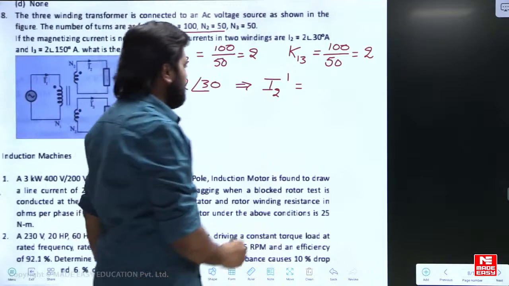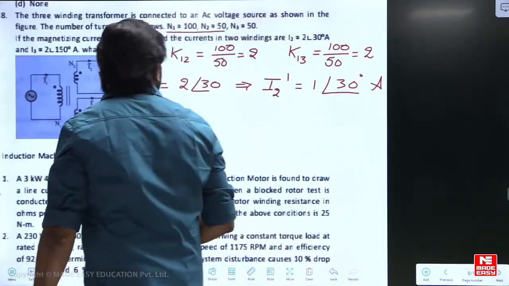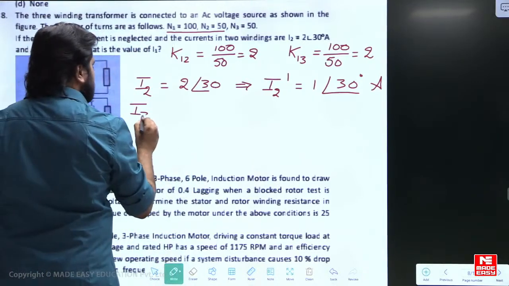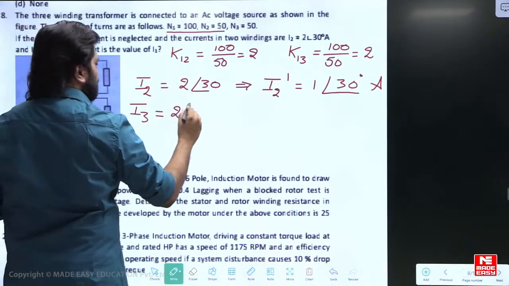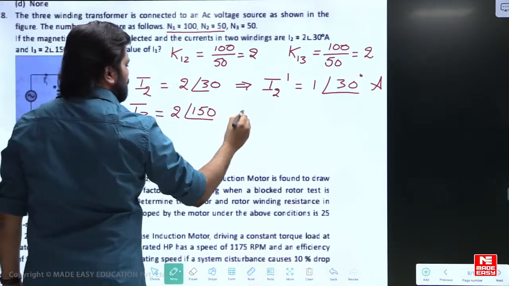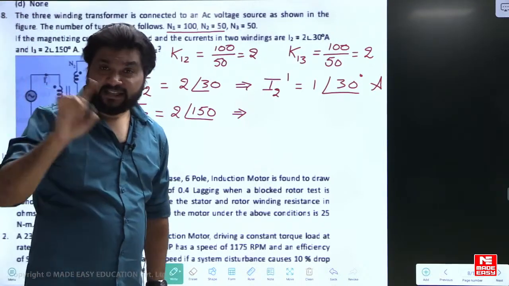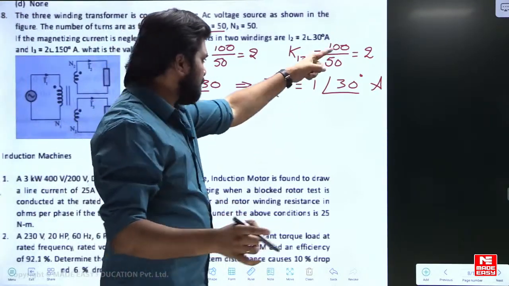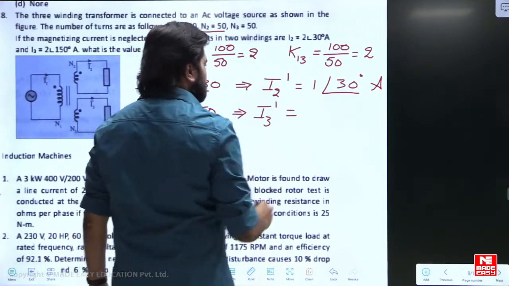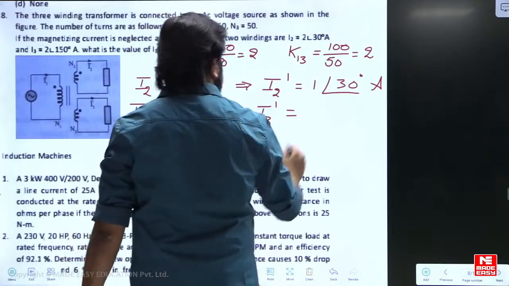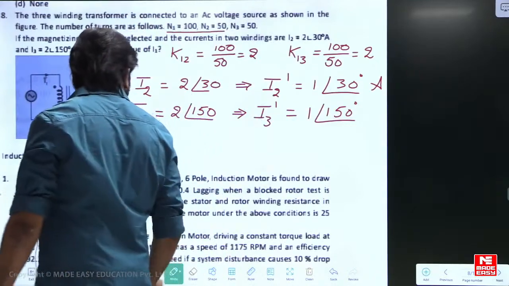So 1 at an angle 30. Similarly, I3 is given 2 at an angle 150. So its component in the primary is I3 by K, and K13 is 2 again. So I3 dash is again 1 at an angle 150.